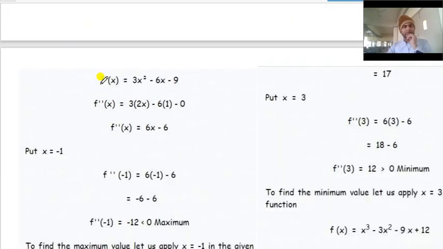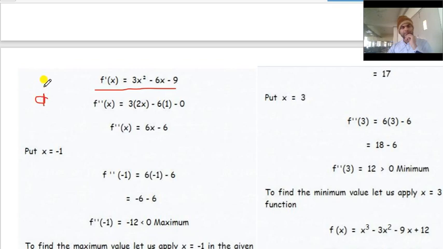Now, this is your first derivative of the function. Now we find the second derivative, that is d square y upon dx square, or we can also write it as f double dash x. Again we differentiate f dash x.